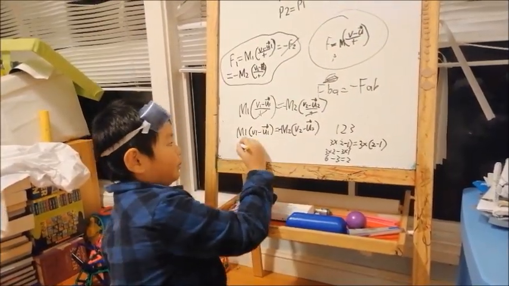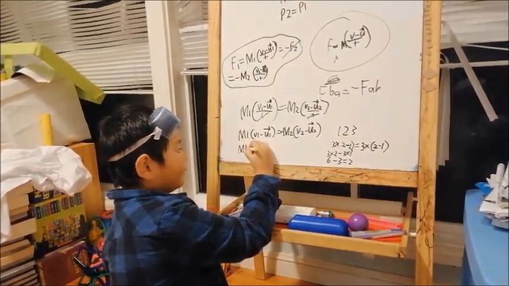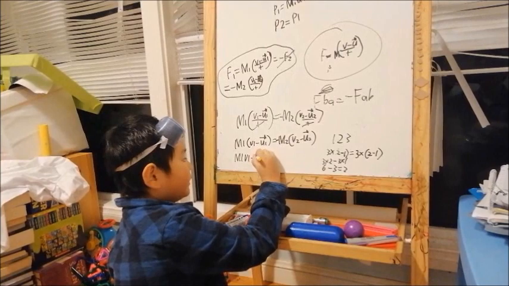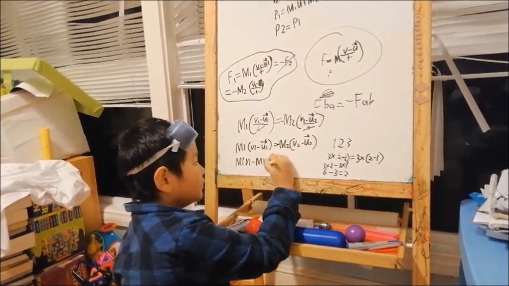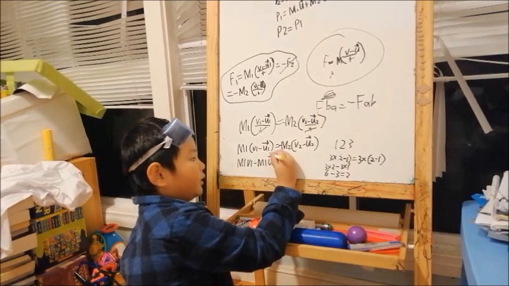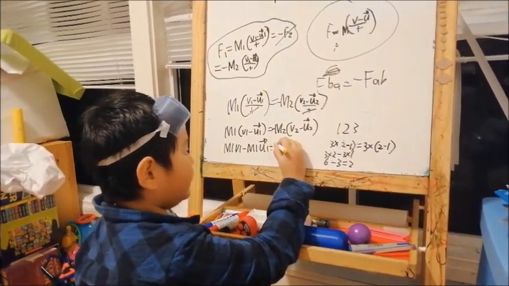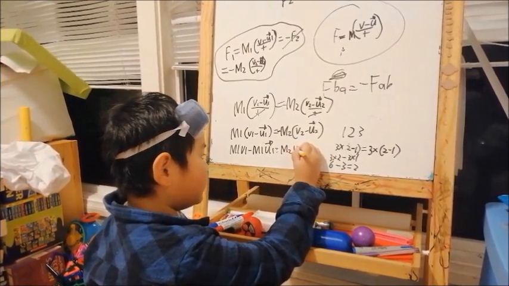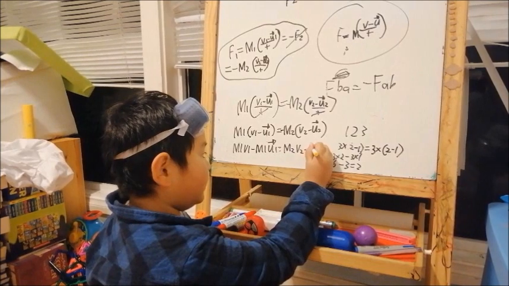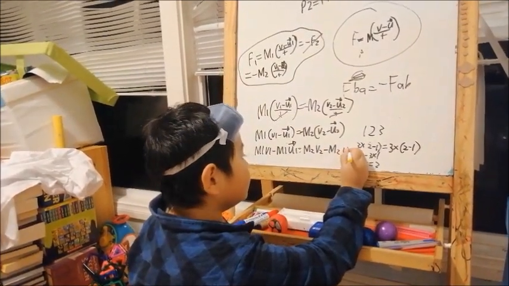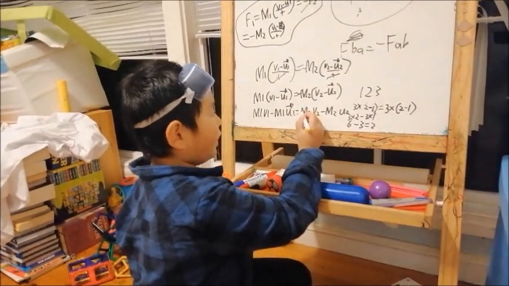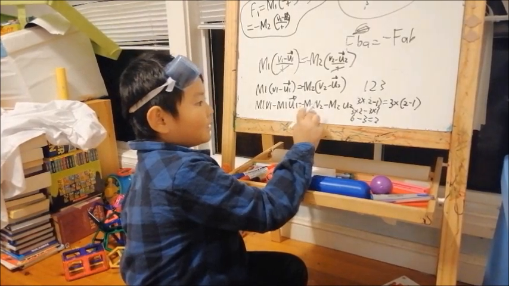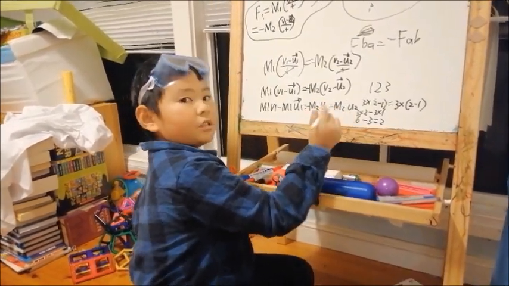Now we can get rid of the brackets and say M1 V1 minus M1 U1 equals M2 V2 minus M2 U2. This one used to have a minus on it, so if this has a minus on it, it's making this plus.